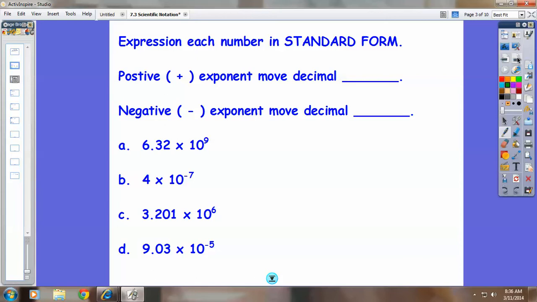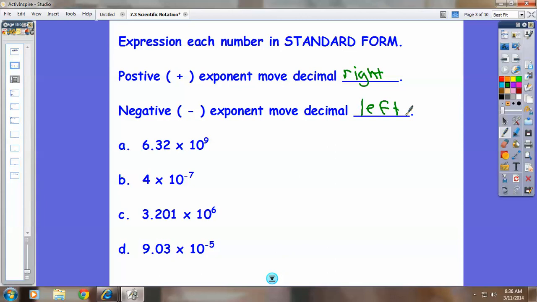We want to move it right. And in the second line it says negative exponent, move the decimal blank. Left. If we have a negative exponent, we're going to have a really small number, like in example B. So we're going to move the decimal to the left. So let's go ahead and evaluate A through D here and put these into standard form.